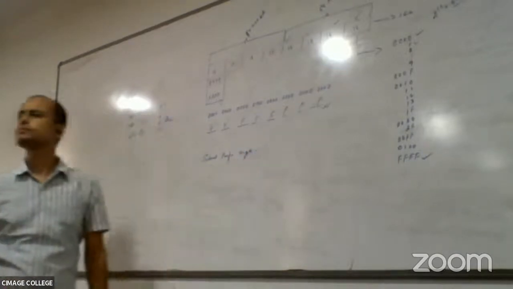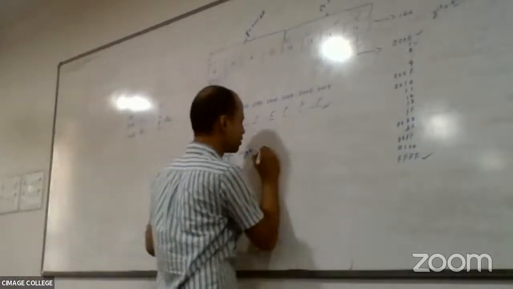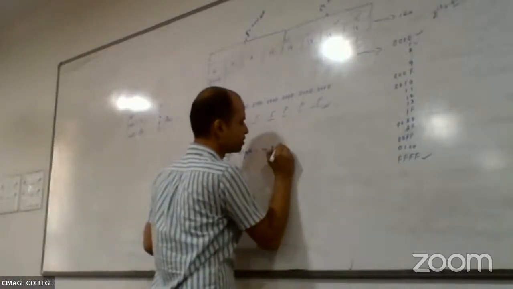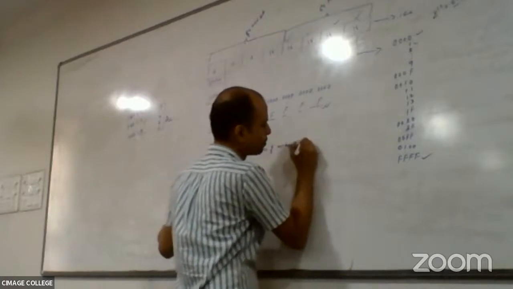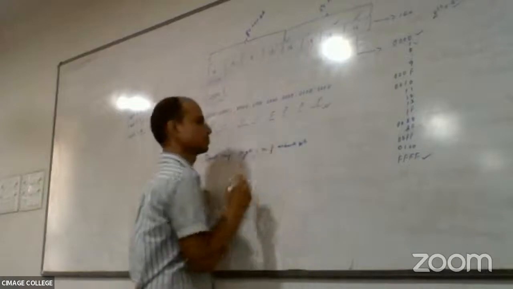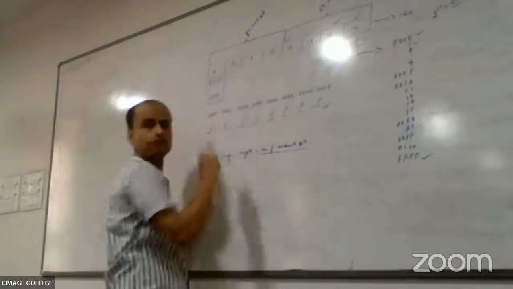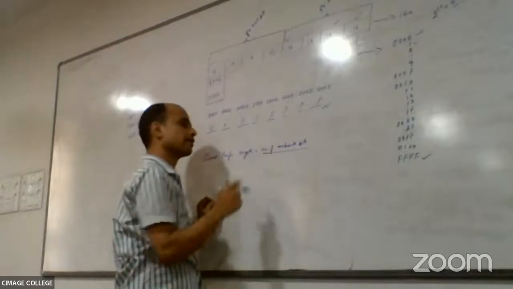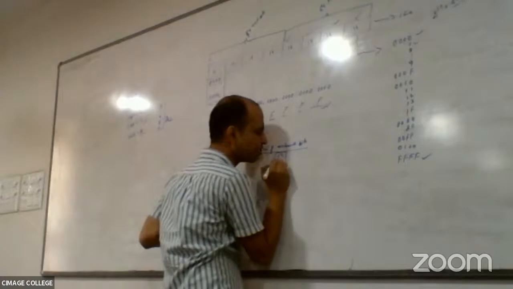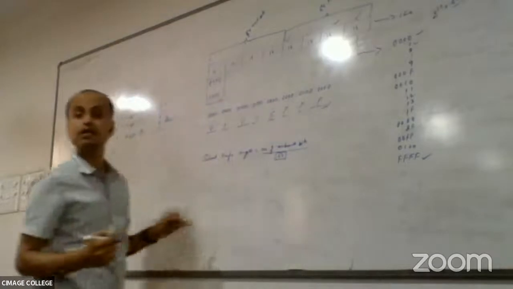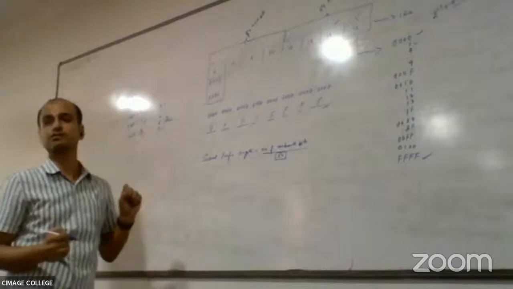Fine. Subnet prefix length means the number of network bits. And this number of network bits is by default 64. This is 64. And this 64 value is used in place of subnet mask.